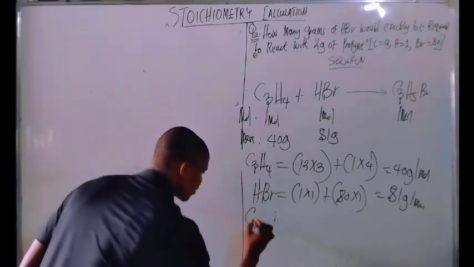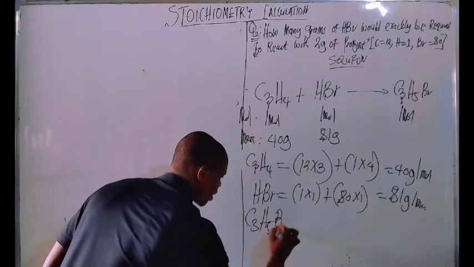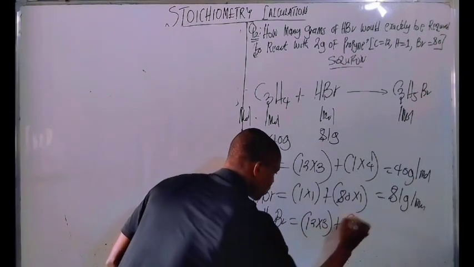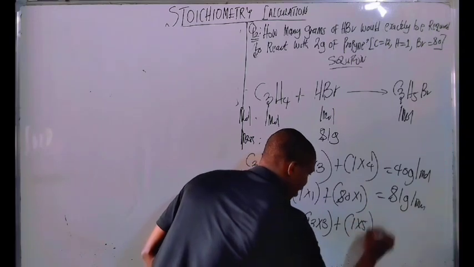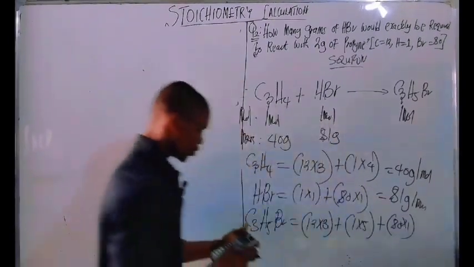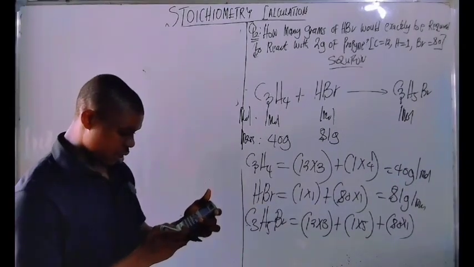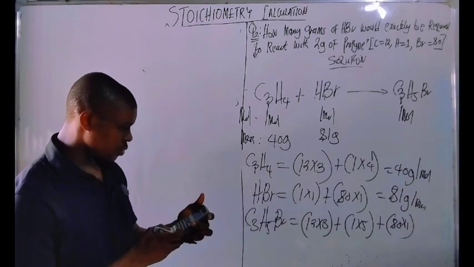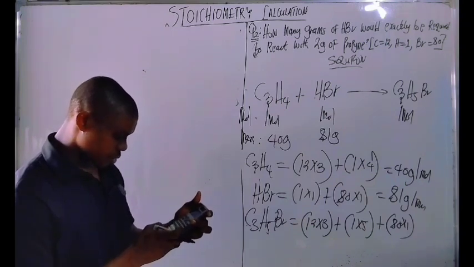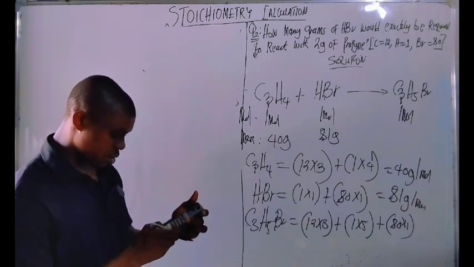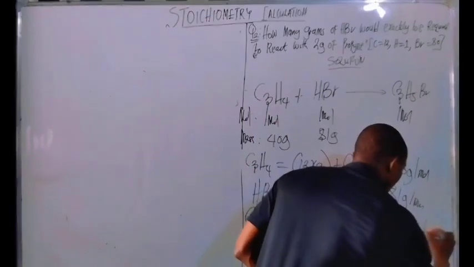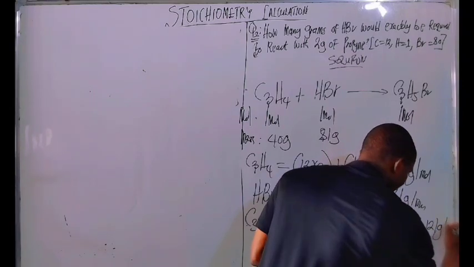The same thing here, C3H5BrO. It is going to be 12 times 3 plus 1 times 5 plus 80 times 1, right? So you have 121 grams per mole.